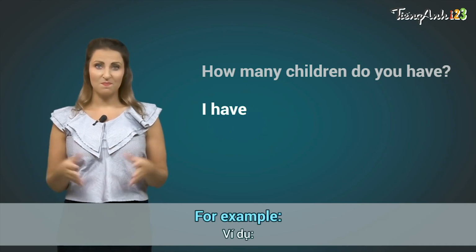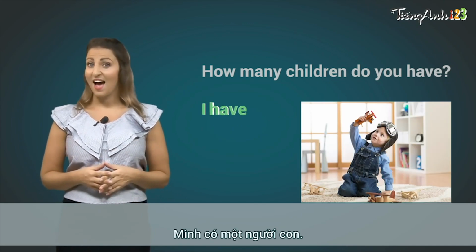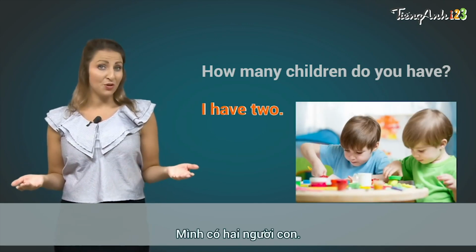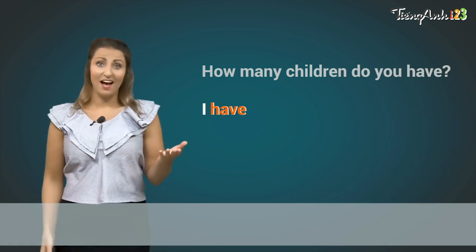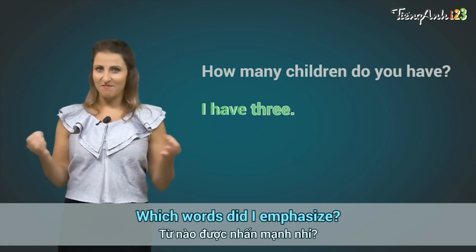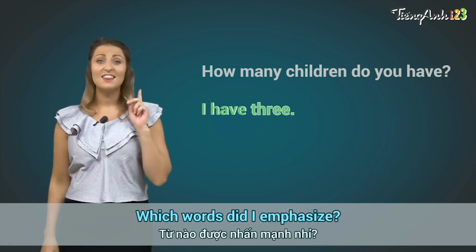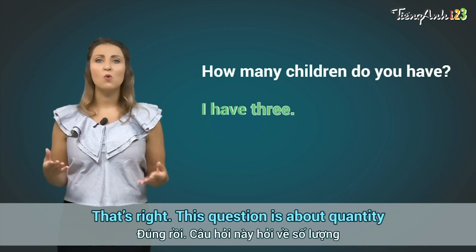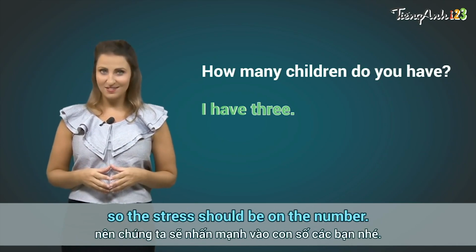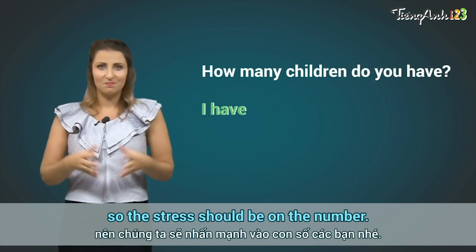For example, I have 1. I have 2. I have 3. Which words did I emphasize? That's right. This question is about quantity, so the stress should be on the number.